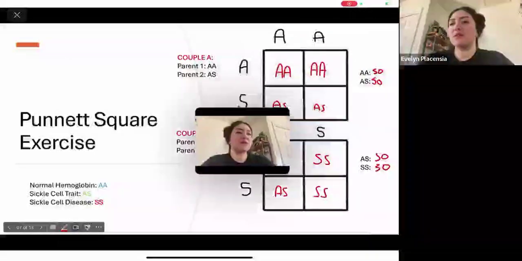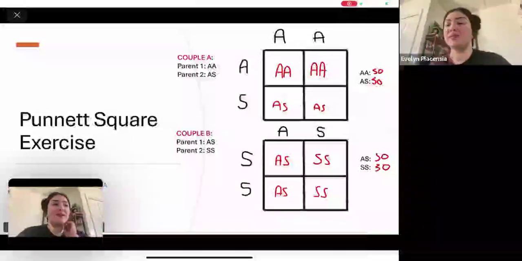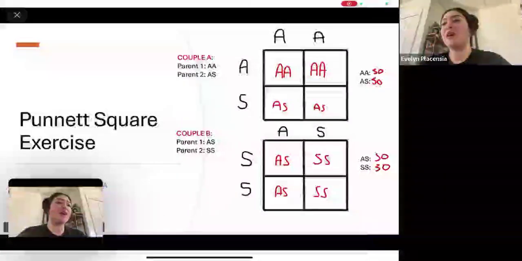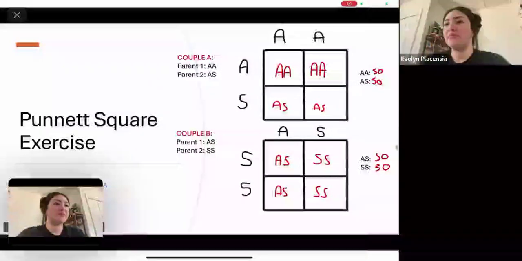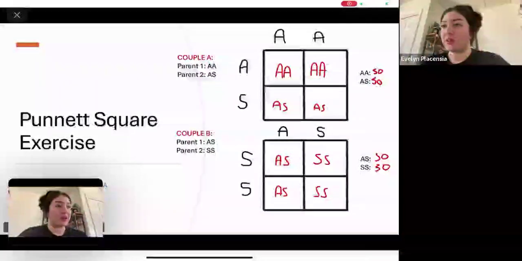So yeah, let's look at these results for a second. It's not looking too good for couple B, but couple A only risk having children with carrier traits, carrier genes.